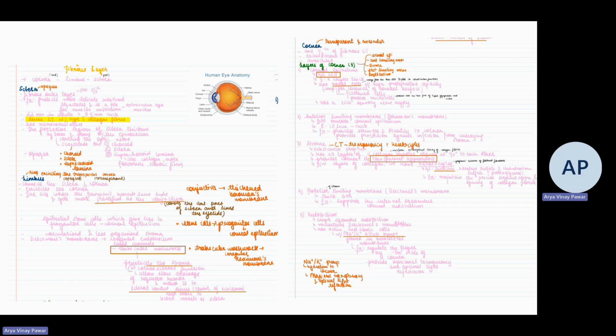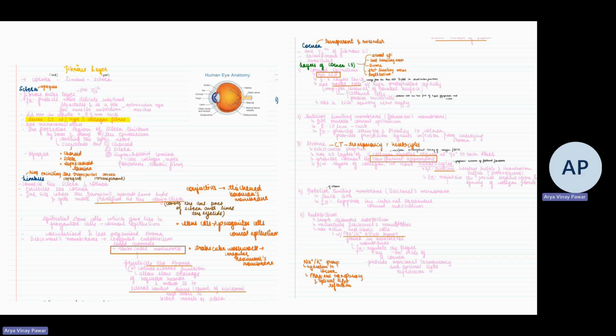Now, before we dig into the anterior part of the eye itself, we need to know the difference between the anterior and the posterior cavity of the eye. So the anterior cavity has two main chambers, the anterior chamber as well as the posterior chamber. The anterior chamber is basically the area between the cornea and the iris.